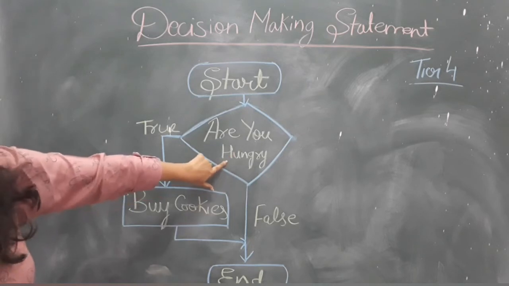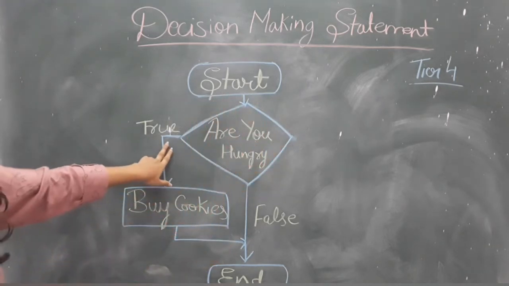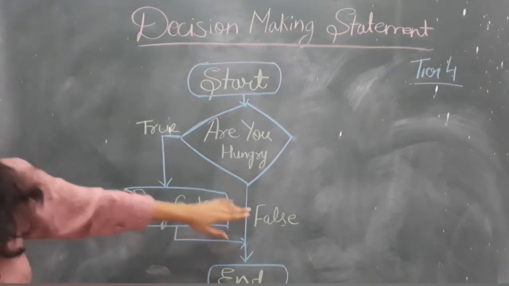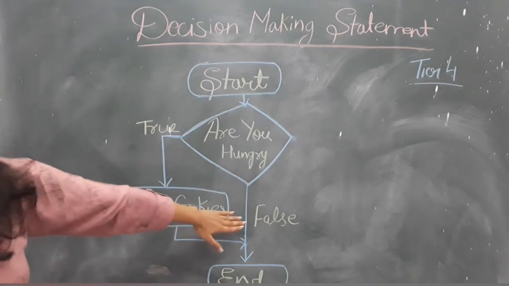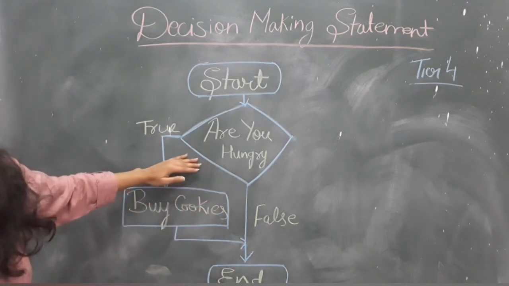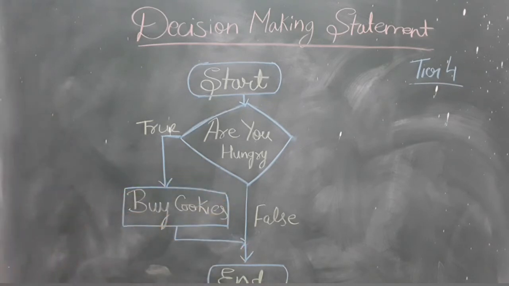Okay, and this provides us two arrow lines, the first one is true and the second one is for false. Okay, true means yes and false means no. So we have to decide which one to execute first and which one to execute afterwards.